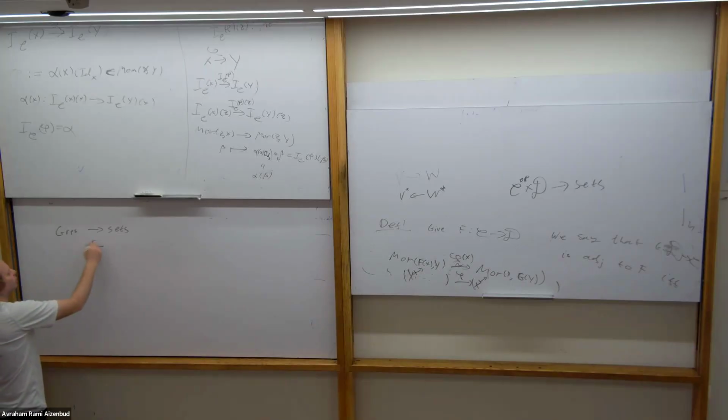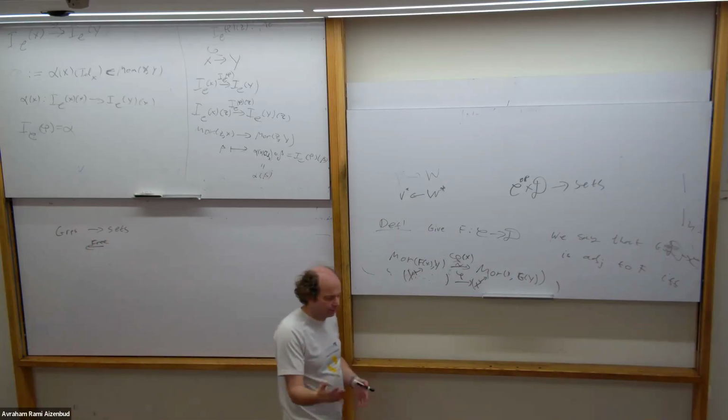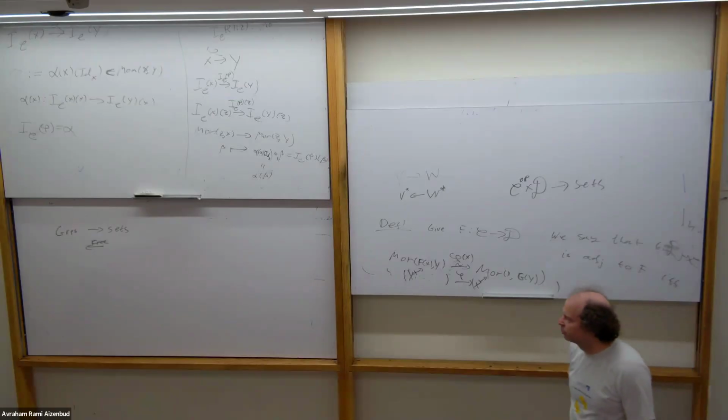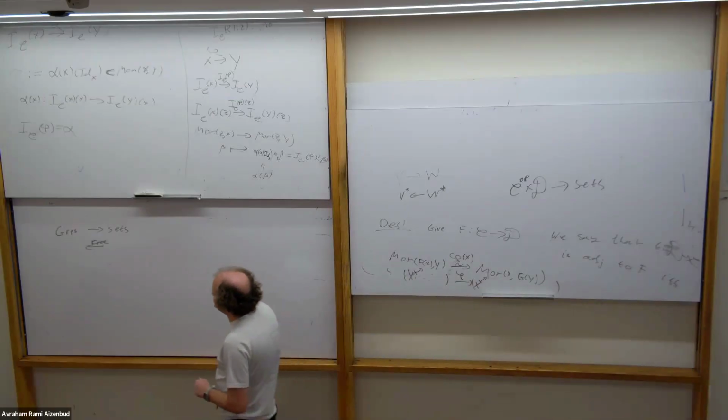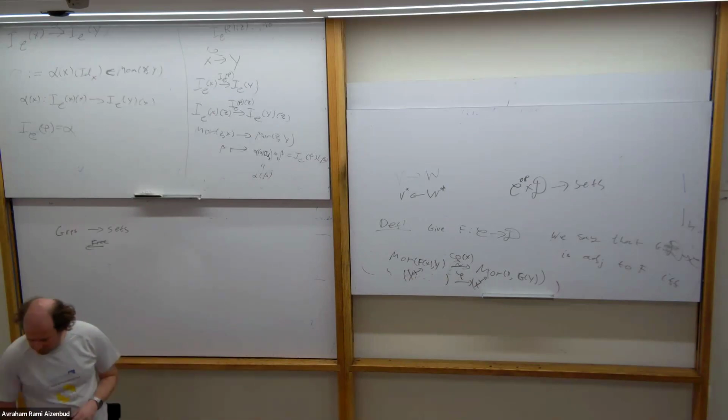Free group generated by a set. Given a set, we can construct the free group generated by the set, just all the words with the letters in this set, with inverses and with some trivial relations, identities, etc. Okay, let's try to see which one. Given a map between a set and a group, we can extend it to a homomorphism from the free group.